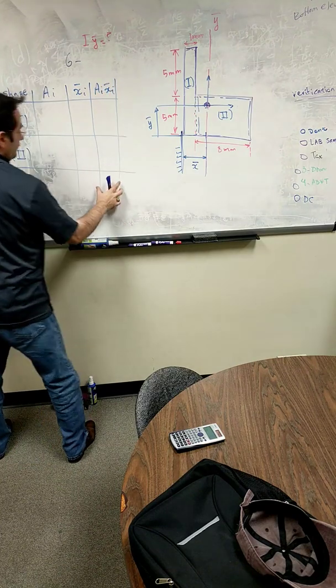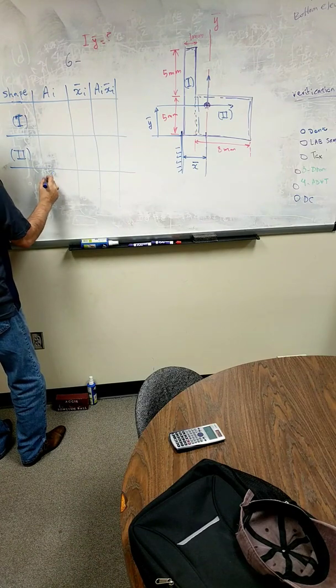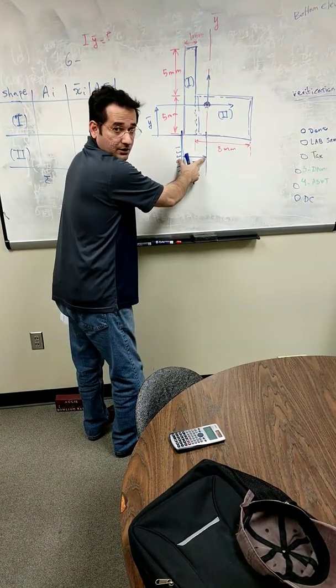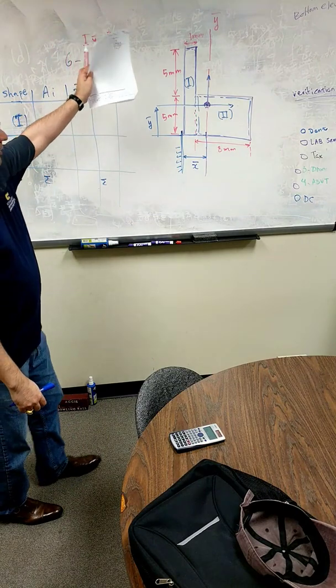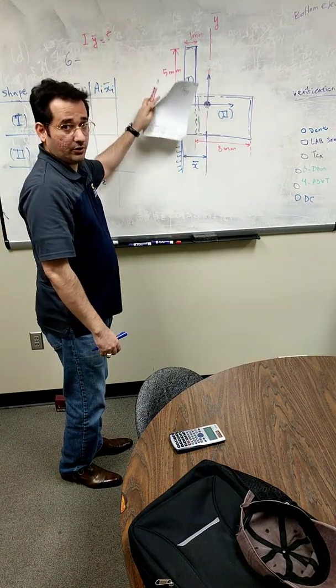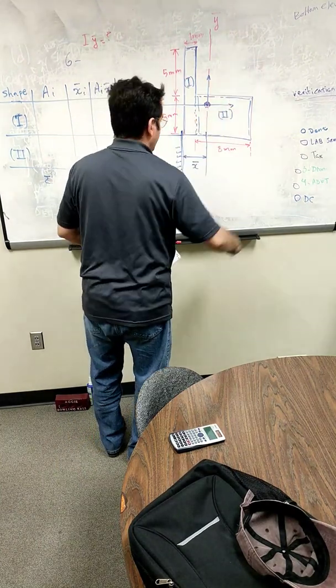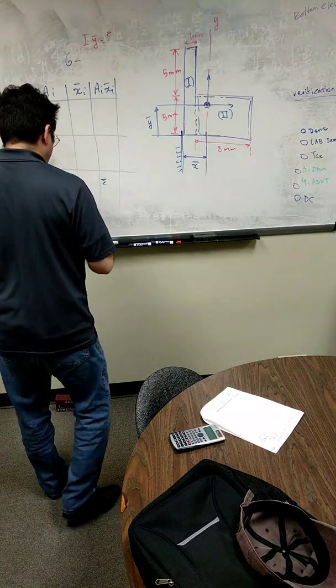The sum of this column divided by the sum of this column gives you X bar. Then we add more columns to this table to get Y bar of each one, I bar of each one, and the distance and parallel axis theorem, and finally we sum them all together. So let's put this down.